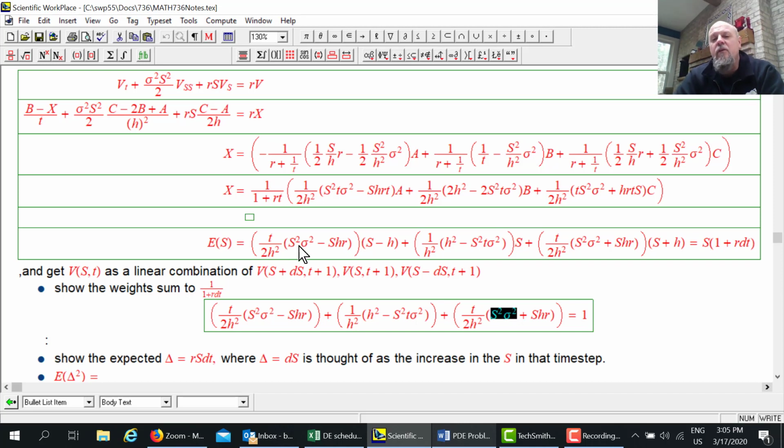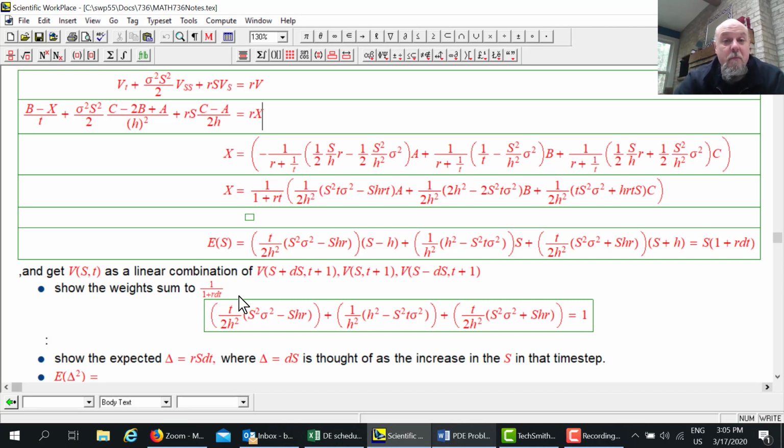What does that mean for us? It means that we weren't getting that in the explicit method, when we were leaving this as a B. We were getting something close to 1 over 1 minus R dt. But if I switch this to an X, then the proper time value of money discounting factor is there.